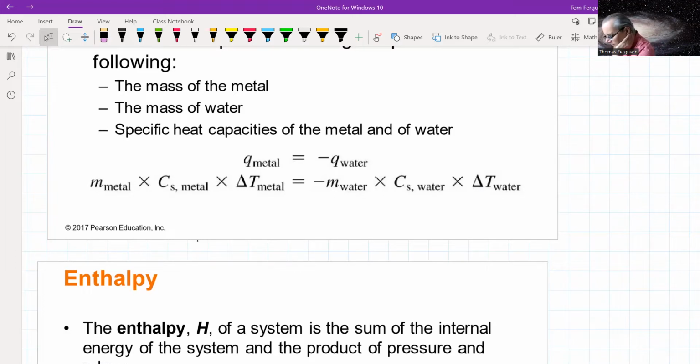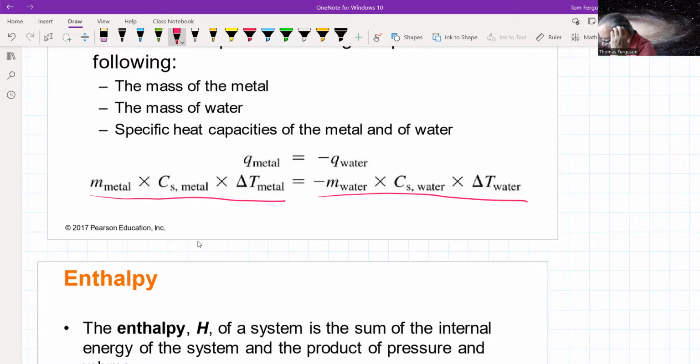We can quantify that by looking at thermal energy of 1 and thermal energy of 2. That there is a change in thermal energy, they have to be equated.